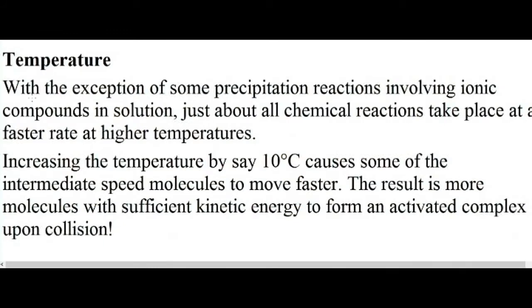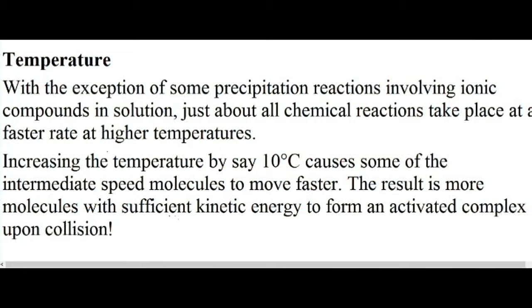Next factor: temperature. Now we want to think about how temperature affects the rate of reaction. With the exception of some precipitation reactions involving ionic compounds, an increase in temperature, say by 10 Celsius, causes some of the intermediate speed molecules to move faster.